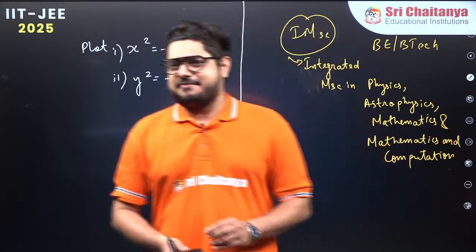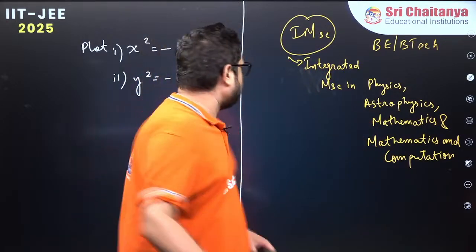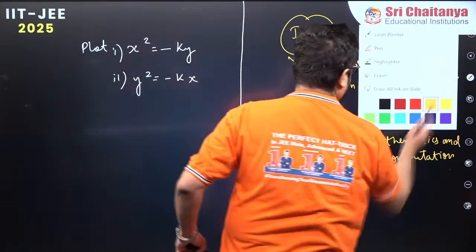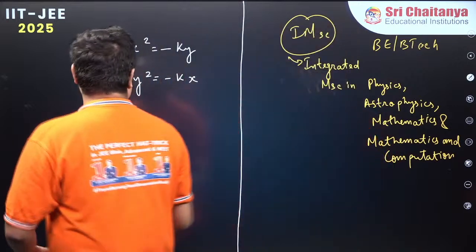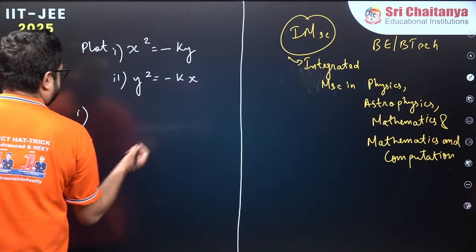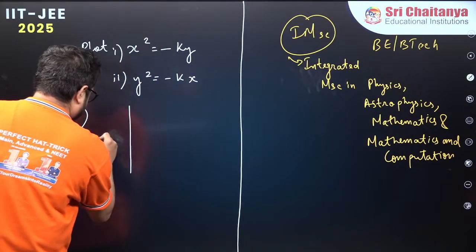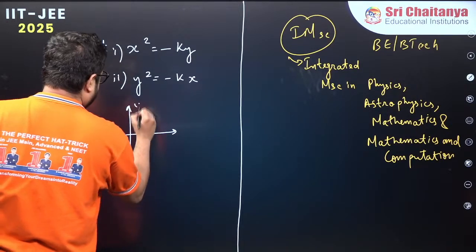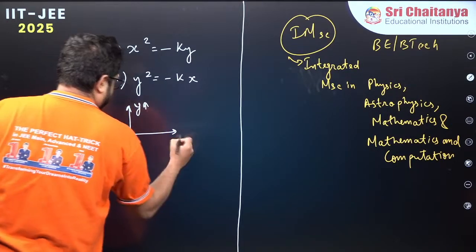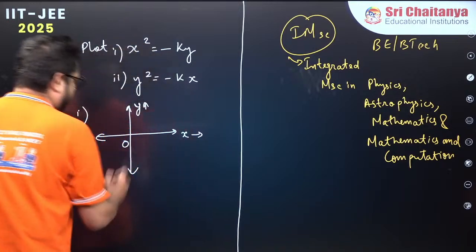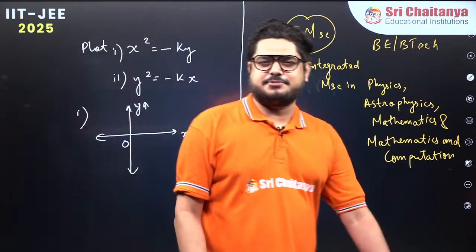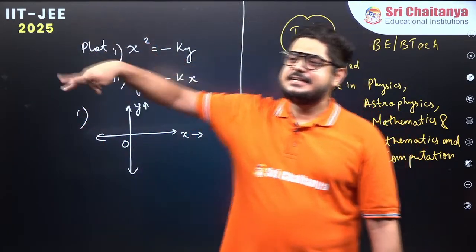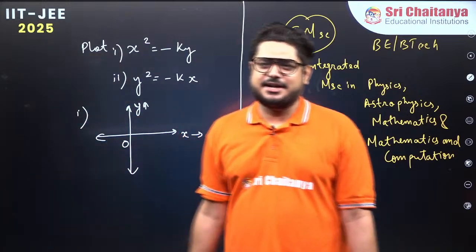Okay, so that's not the only thing you should know. Now let's try to plot x square equals minus ky and y square equals minus kx. Let's plot the first one. Y has to be plotted along the ordinate axis and x along the abscissa. You should not alter the significance of the Cartesian plane.